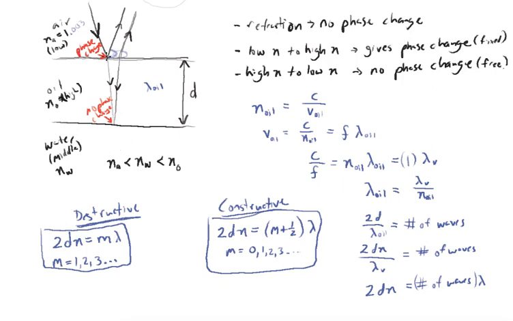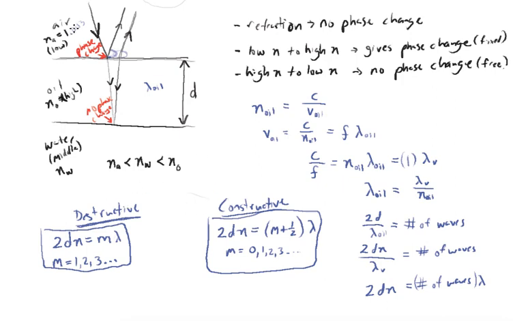Well, we'd have a phase change here, but now we'd also have a phase change here, which means these two equations would flip-flop, because this would phase change, the crest would become a trough, but then down here it would do the same thing. So the constructive interference equation would become the destructive, and the destructive would become the constructive.